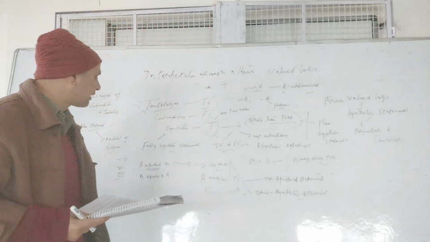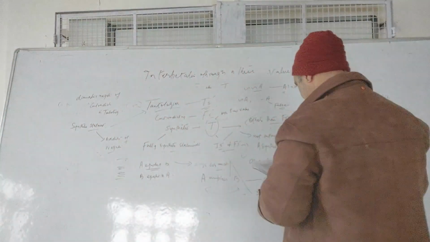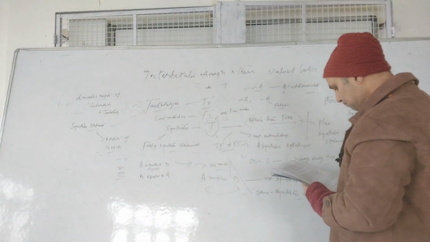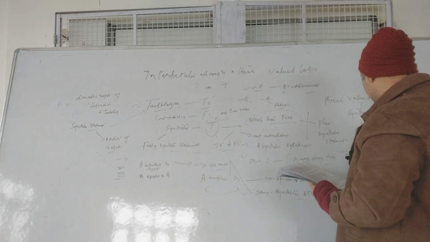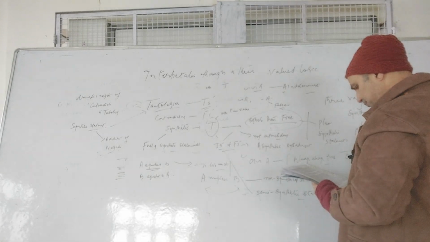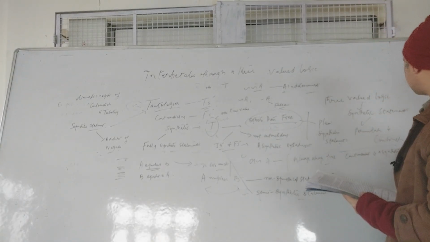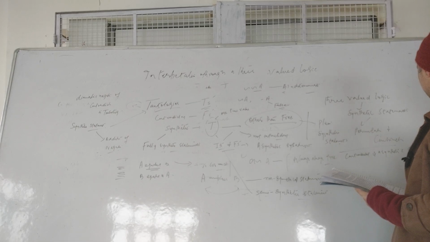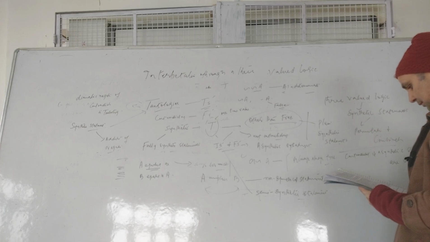So there can be other combinations. For example, we can say that contradictory and asynthetic statements are unassertable.